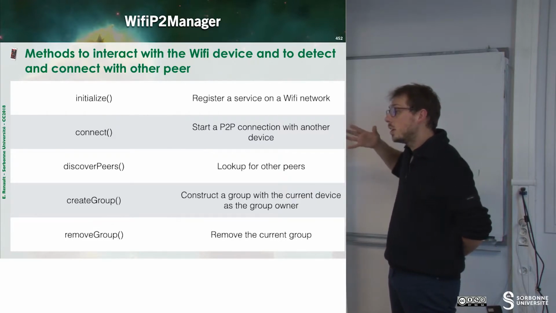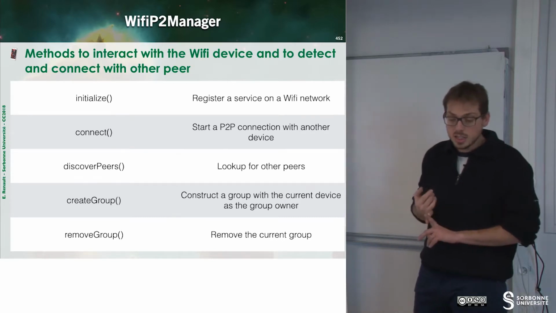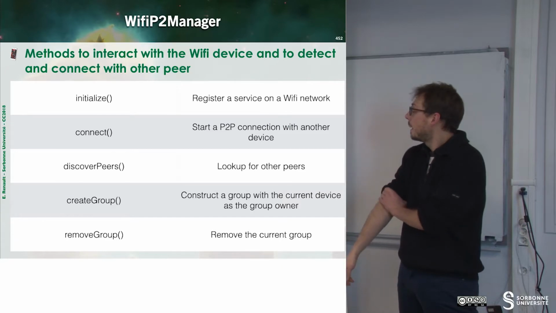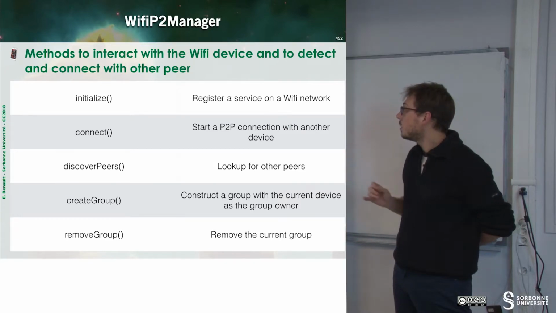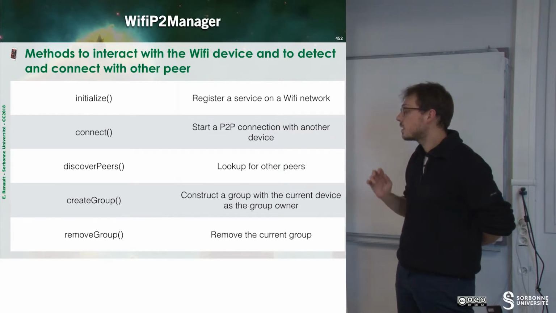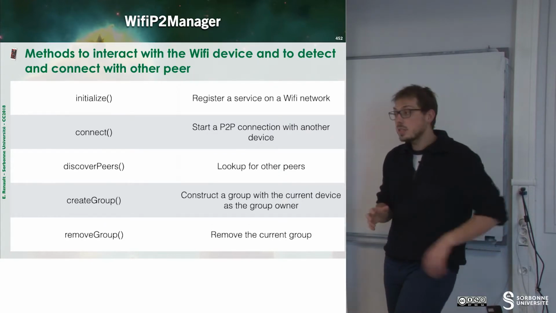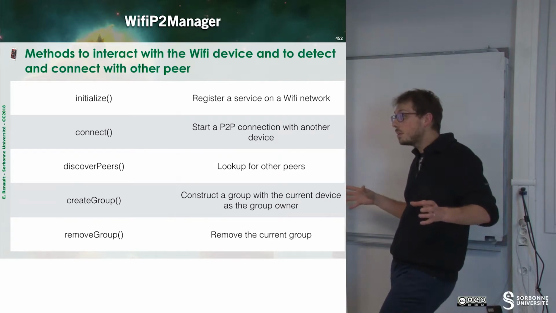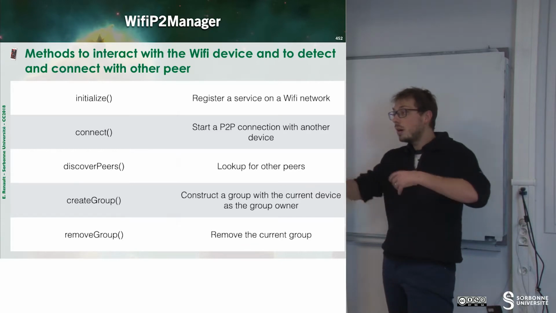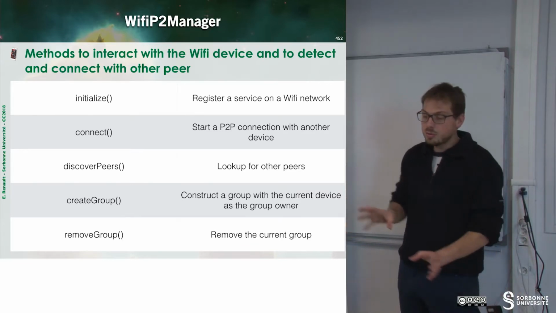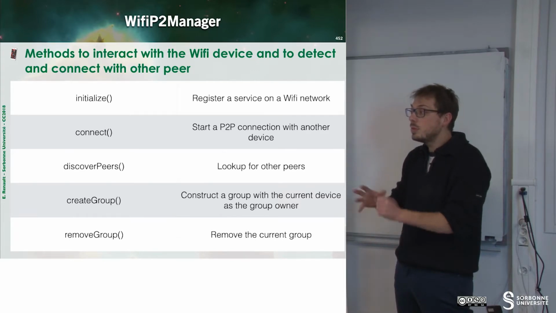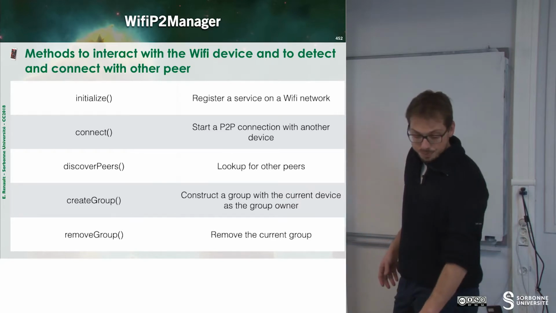For instance, initialize, which will just register a service on a Wi-Fi network, connect that will just start a peer-to-peer connection with another device, discover peers that will discover the different peers that are available on the local network, create groups that will help to build group of peers, and remove group that can be done only by the owner of the group in order to remove the group that hasn't been formed.